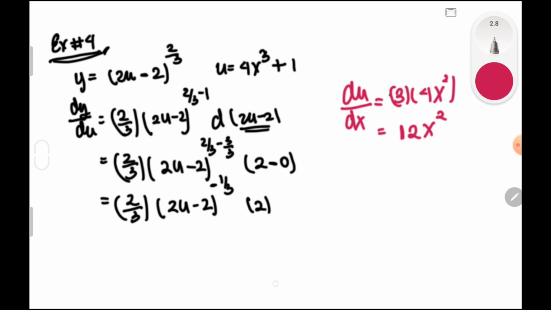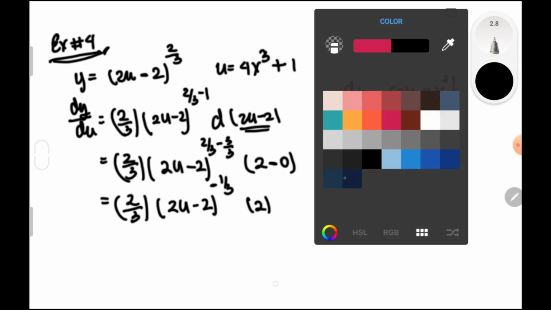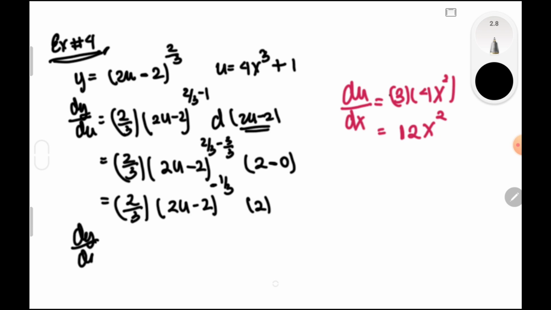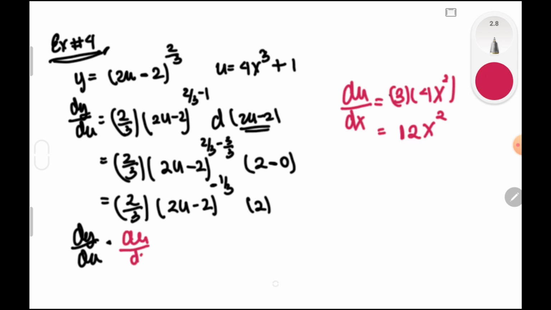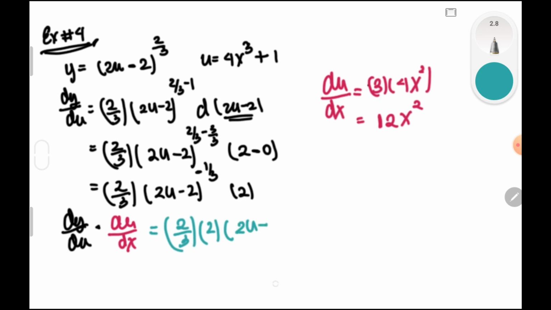So therefore we'll have dy over du multiplied by du over dx, which is equal to 2/3 multiplied by 2 multiplied by 2u minus 2 raised to negative 1/3 multiplied by our du over dx, which is equal to 12x squared.